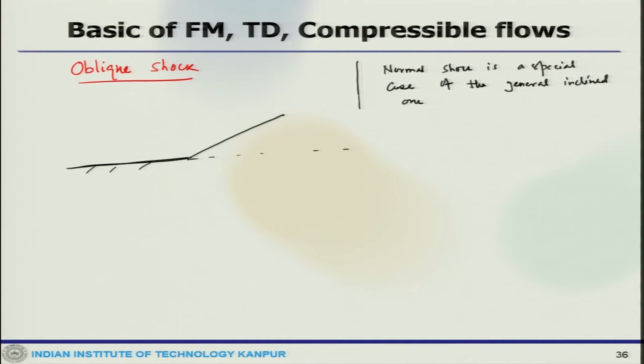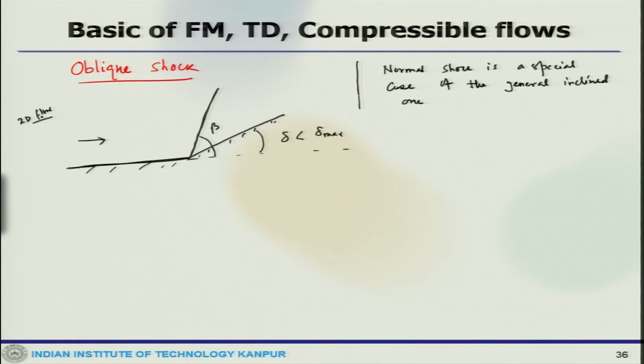So, there would be an inclined shock here, and there is an angle to that. This is called beta, and there would be some angle which is delta max. This is a wedge shape kind of geometry, and this is in two dimensional flow.